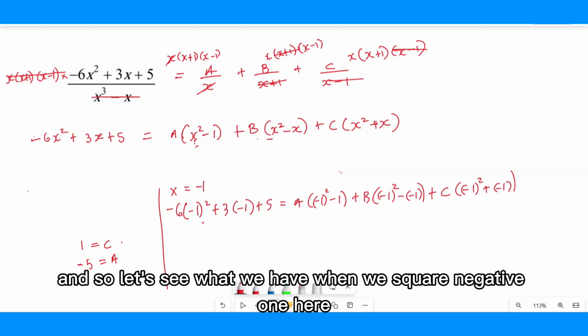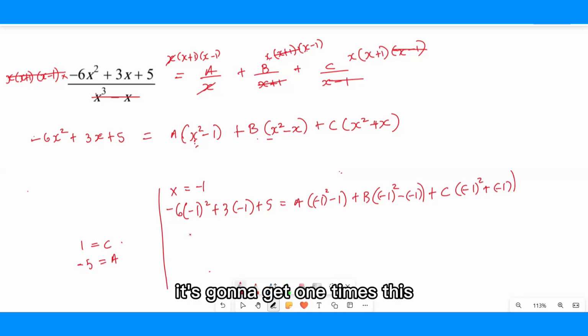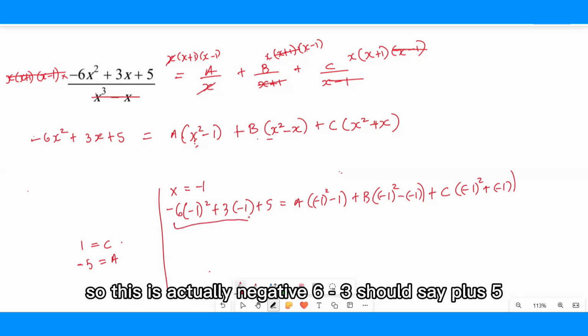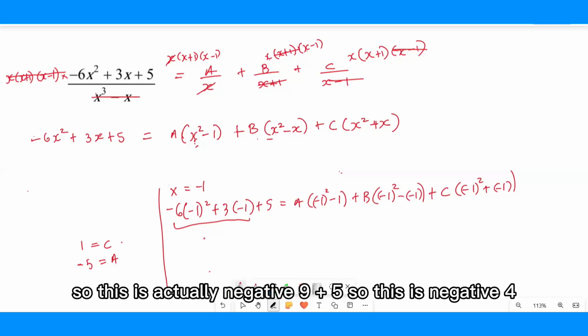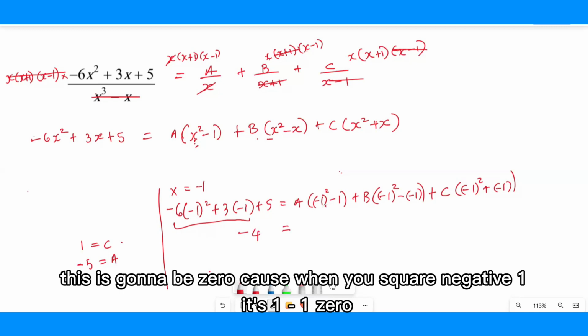And so let's see what we have. When we square negative 1 here, we get 1 times this. So this is negative 6, negative 3, plus 5. So this is actually negative 9 plus 5, so this is negative 4. This is going to be 0 because when you square negative 1, it's 1 minus 1, 0.